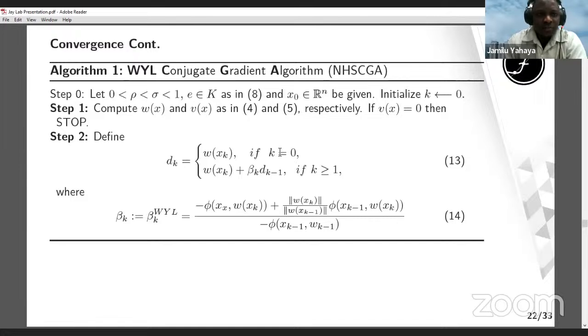In this case, we need to understand what this WYL conjugate gradient method is. WYL was shortened from the names of the authors, Wei, Yao, and Liu, who proposed a new algorithm in 2006 and named it after themselves.